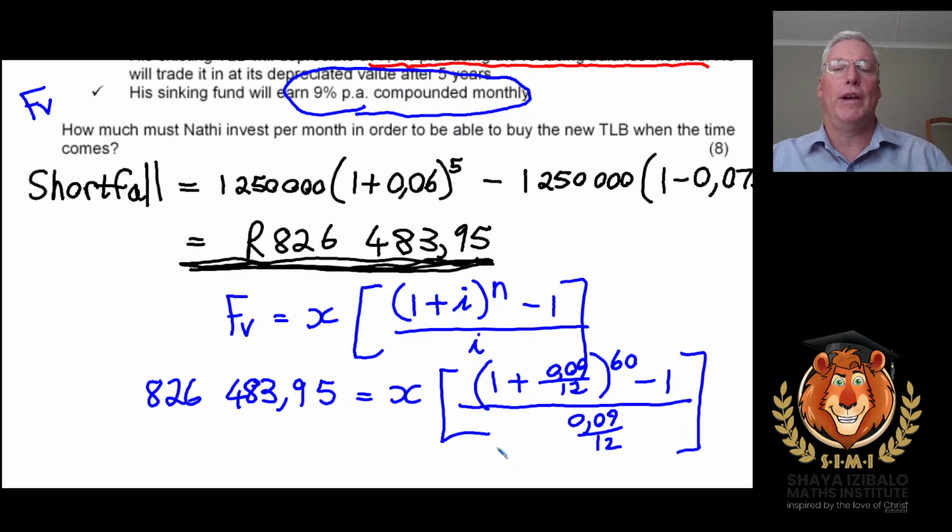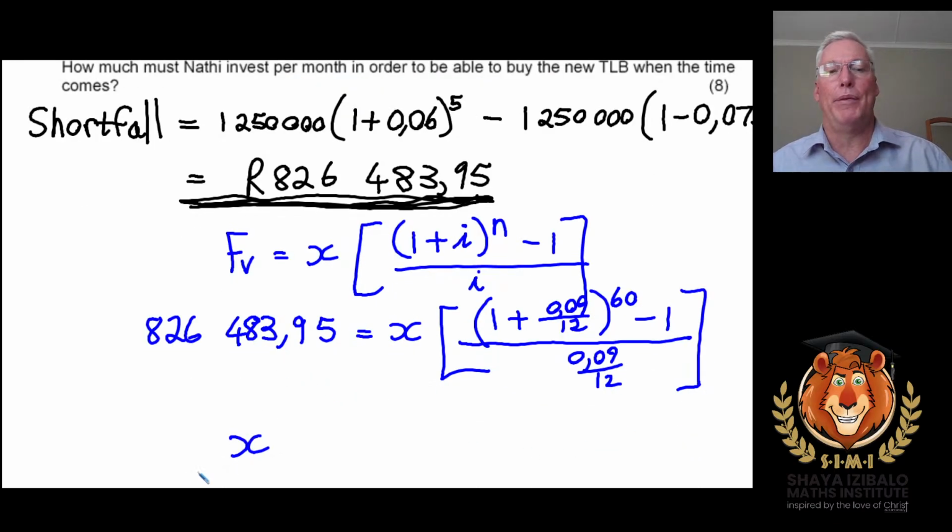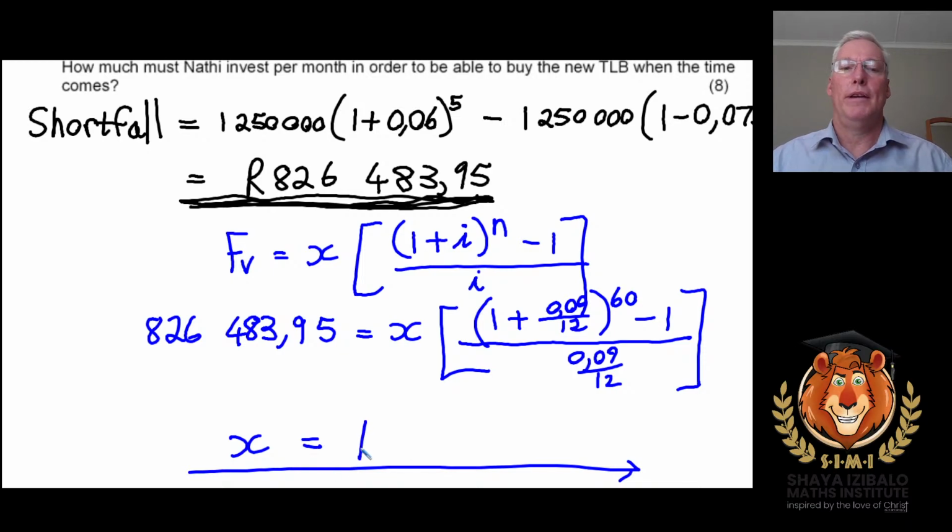We solve this for x, and we get that his monthly payment into this sinking fund is around 10,000. Not around, it's actually exactly 10,955.35 per month.